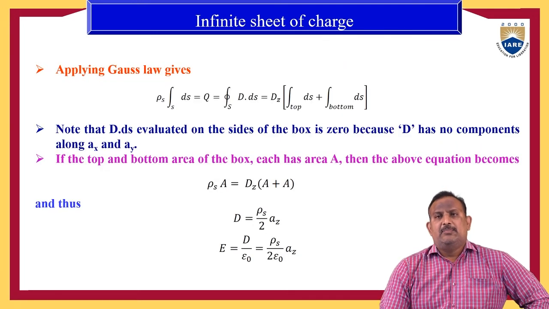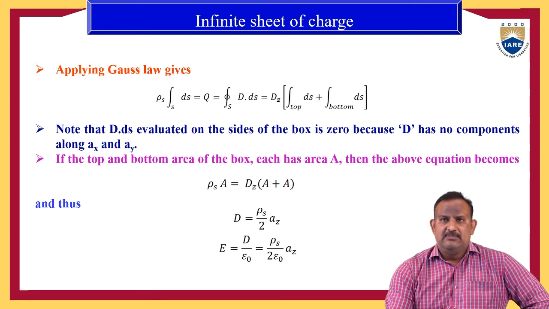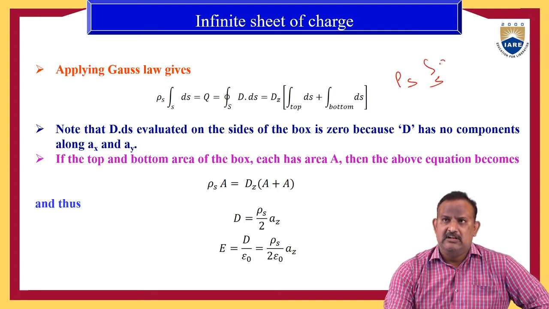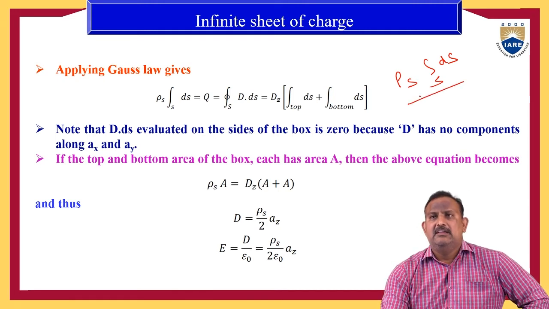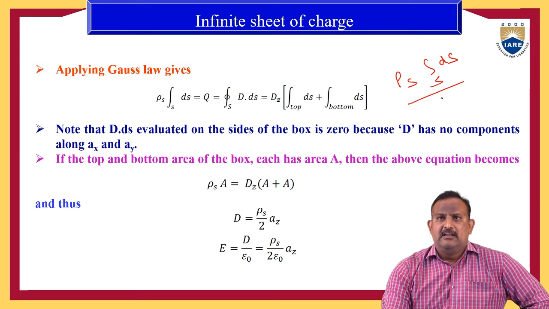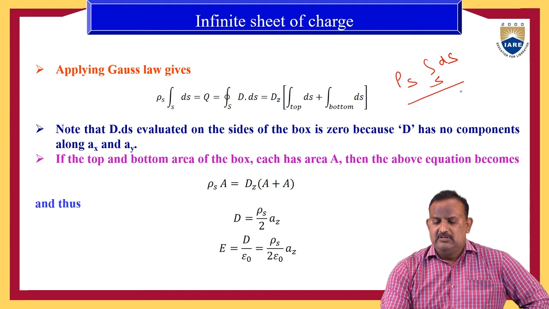Next, if you apply Gauss's law to the infinite sheet charge, we already know the charge. The charge in the infinite sheet is rho s into the surface integral of ds, where rho s is the surface charge density over the surface area of the infinite sheet. According to Gauss's law, the flux psi is equal to the charge enclosed.